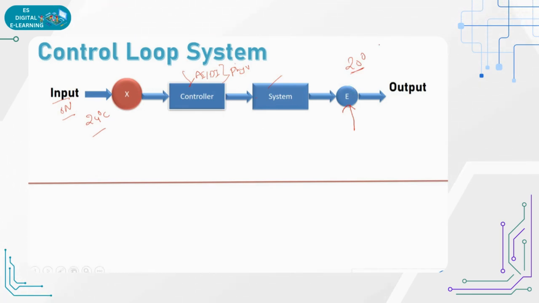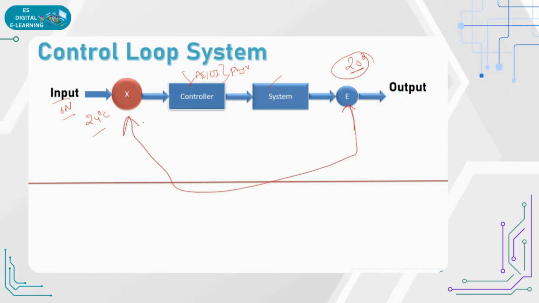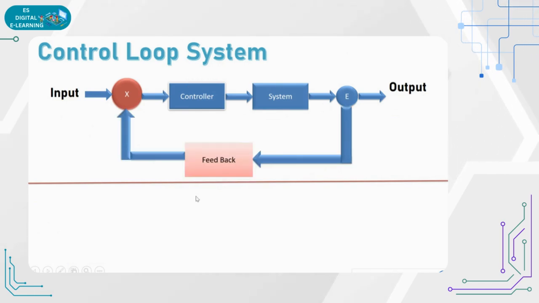If you see a difference, like the output coming as 20 degrees centigrade, that is informed by the controller and system. So it comes here again, and the difference will be adjusted again so that 24 degrees centigrade is achieved. This comes as a feedback to adjust the error that we are getting from the system.